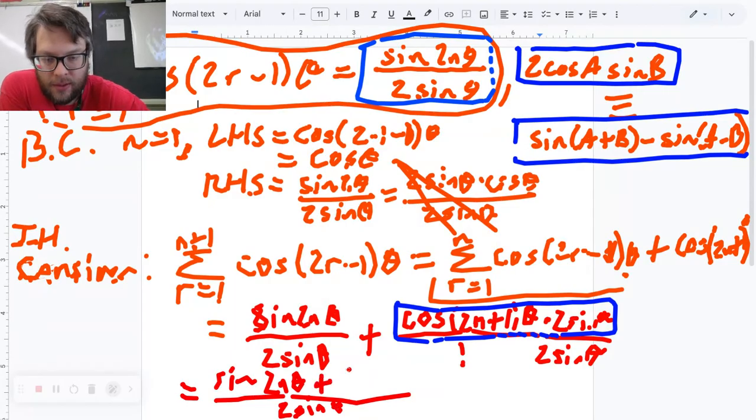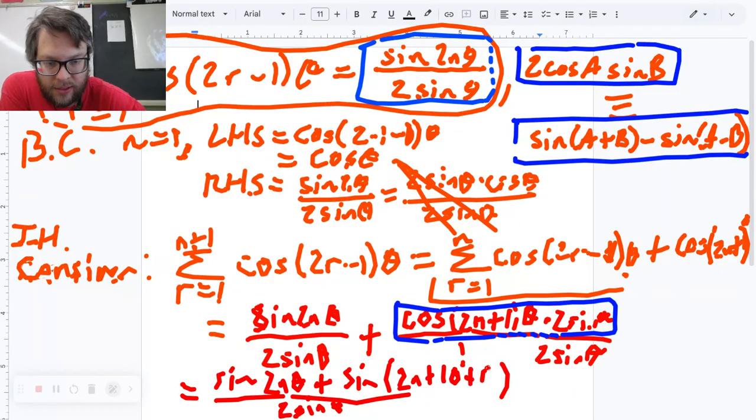So we have sine of A plus B, which is (2n plus 1) theta plus theta, and then minus sine of A minus B, which is sine of (2n plus 1) theta minus theta.